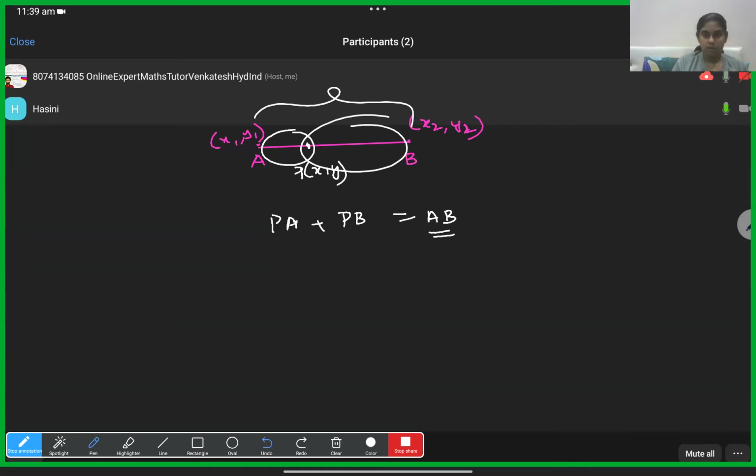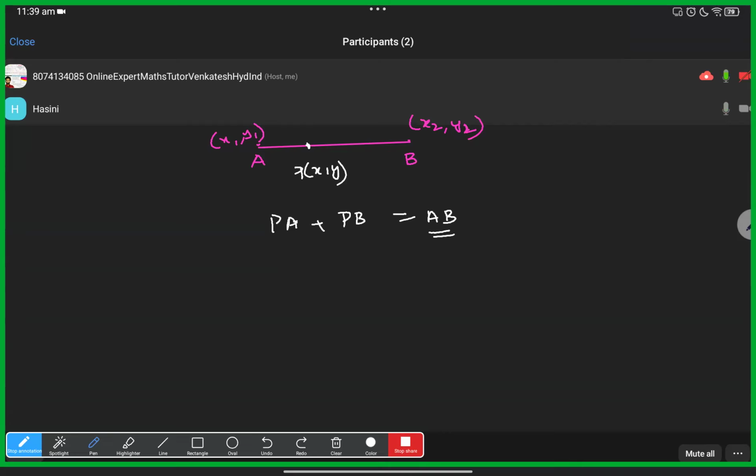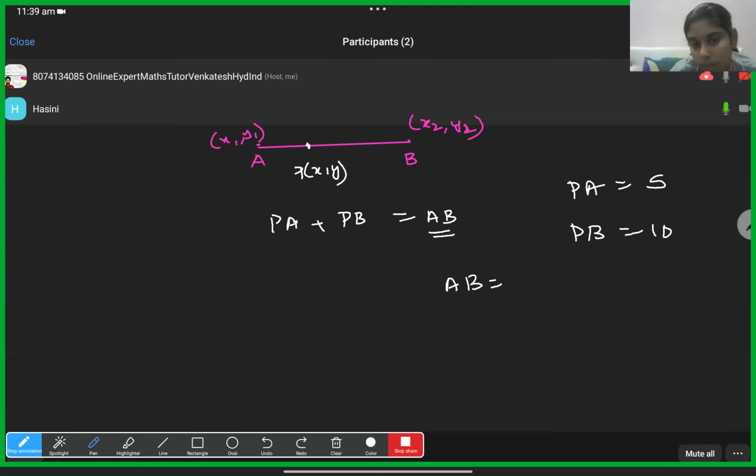Now let us take PA is equal to 5 and PB is equal to 10, just a rough example. Then the entire AB will become how much? This is 5 and this is 10.